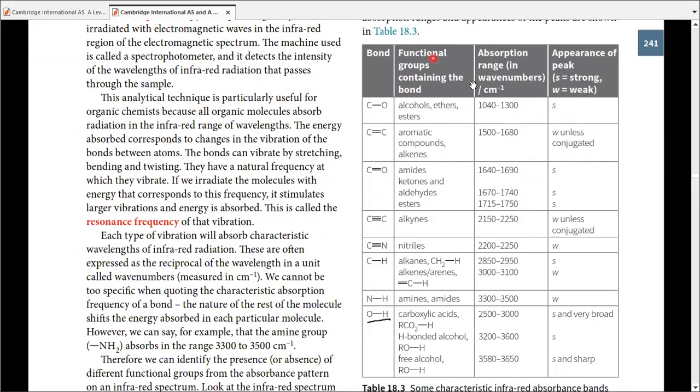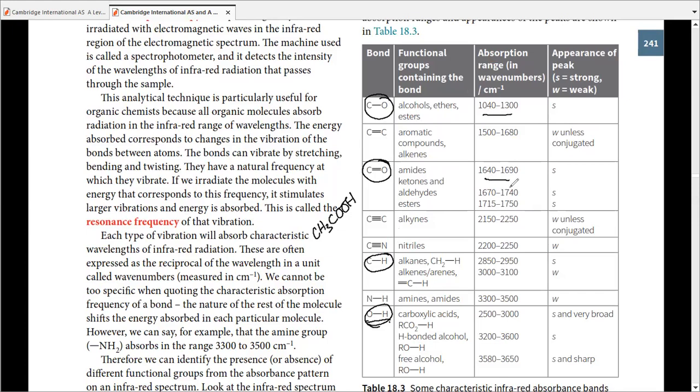Now, if you look at this table, you would understand that if I talk about CH3COOH, the kinds of bonds that we can discuss are the OH bond, the CO bond, the C double bond O bond, and then there is the H bond. So there are different kinds of bonds that may all give us different values, right?